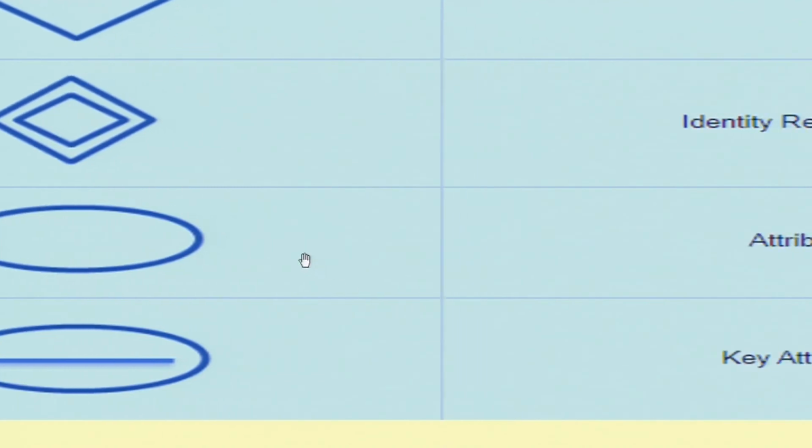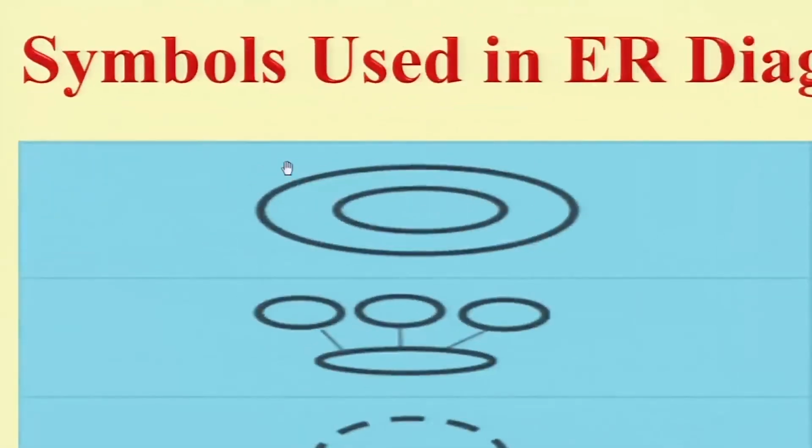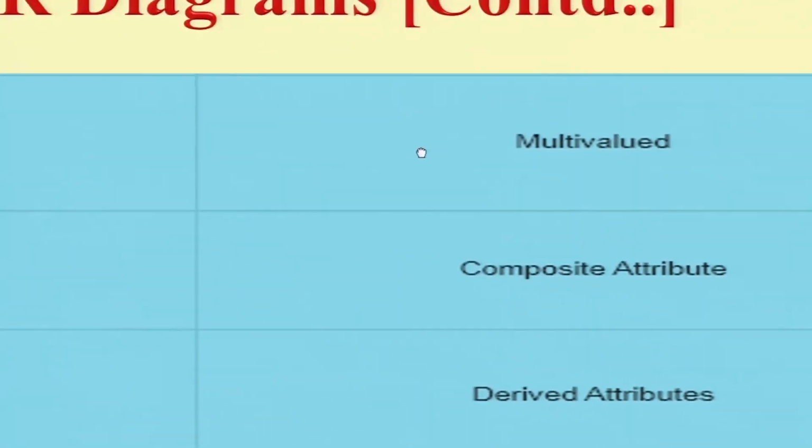An oval which has a line within it is called a key attribute. So whatever attribute you place within the oval, when you underline it, we call it a key attribute. Then the other symbols: an oval within another oval, a smaller oval placed inside a bigger oval, is called multi-valued.